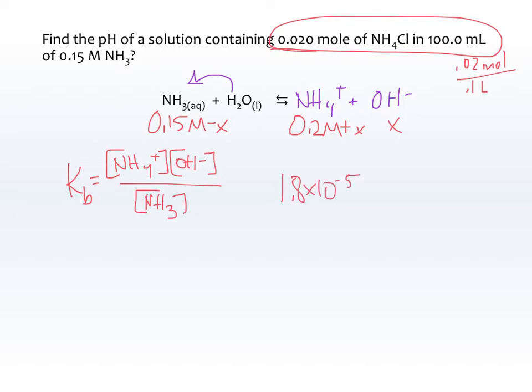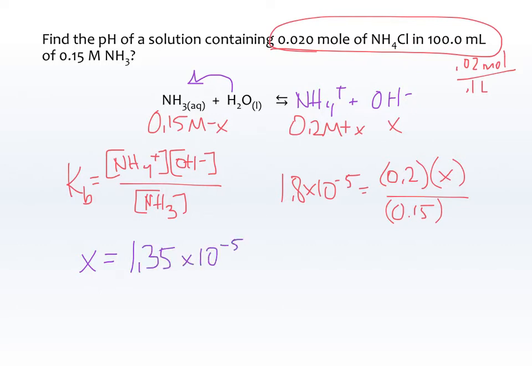It's just coincidental that the Kb for NH3 is the same as the Ka for acetic acid. So this is 0.2 times X divided by 0.15. Multiply both sides by 0.15 divided by 0.2. X is equal to 1.35 times 10 to the negative 5. And this time that X represents OH-.